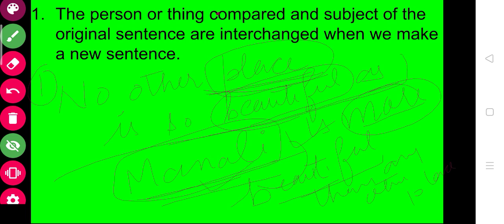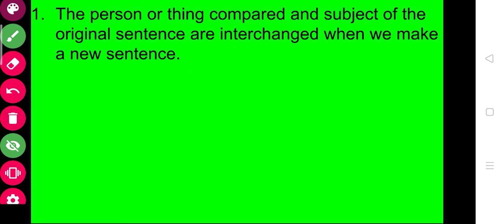That means the person or the thing compared and the subject got interchanged when we made a new sentence with the comparative degree. So Manali came in the beginning, and that is why it is "Manali is more beautiful than any other place." So that's the way. Hope you understood that.